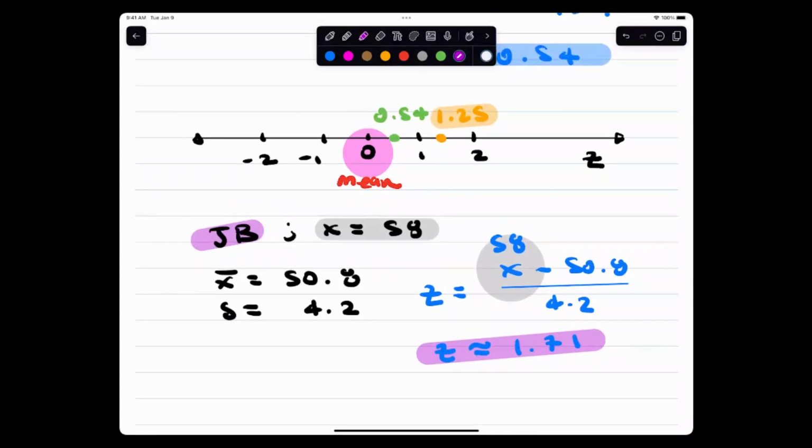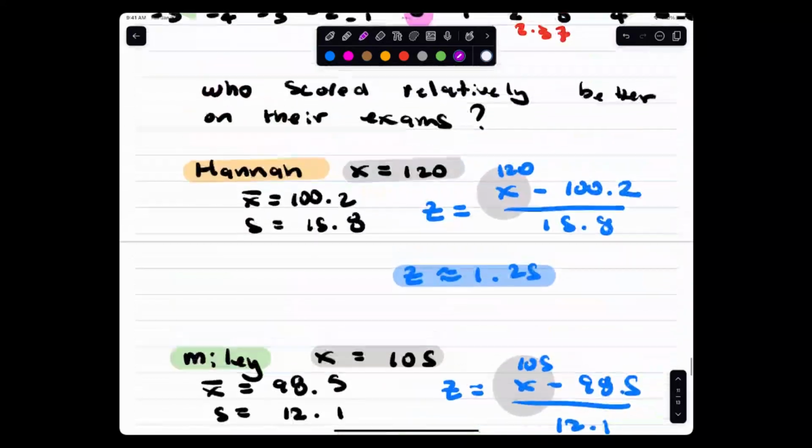Take a look, ladies and gentlemen. Where's 1.71? It's certainly above 1.25. Is that right? So guess who scored the best, relatively speaking? Good old JB. Justin Bieber scored relatively better than Hannah Montana and Miley Cyrus.